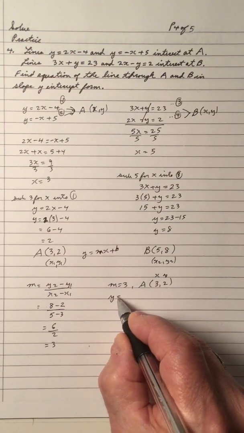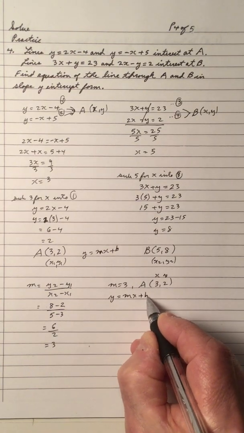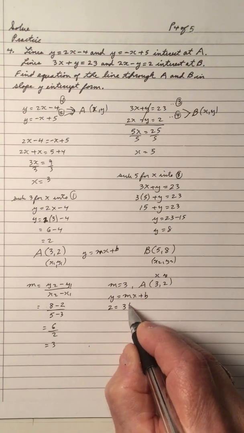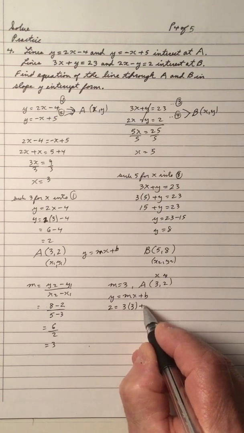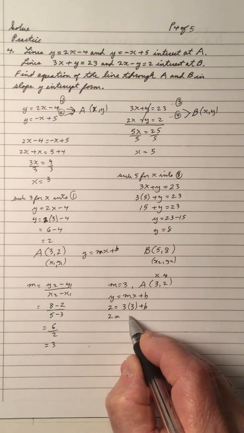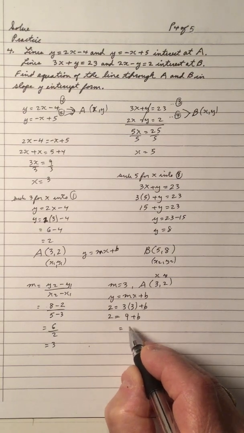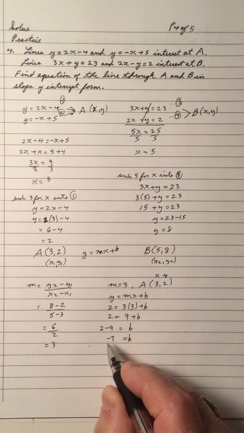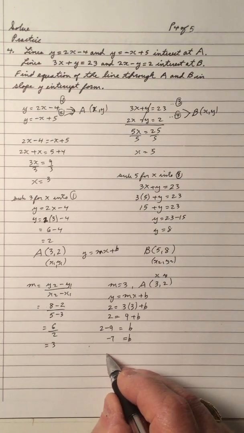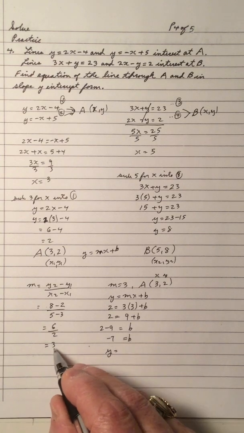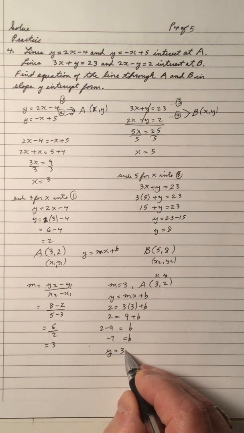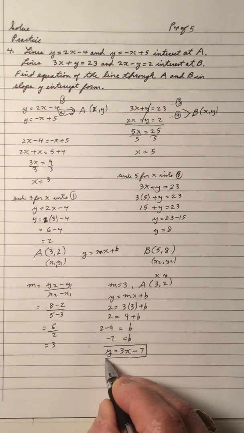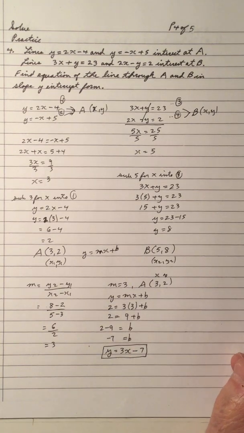So y equals mx plus b: y is 2, m is 3, x is 3, and 2 equals 9 plus b. I'm going to leave the b where it is and go 2 minus 9. So b becomes negative 7. So the equation is y equals 3x minus 7. So there's the equation of the line in slope y-intercept form.